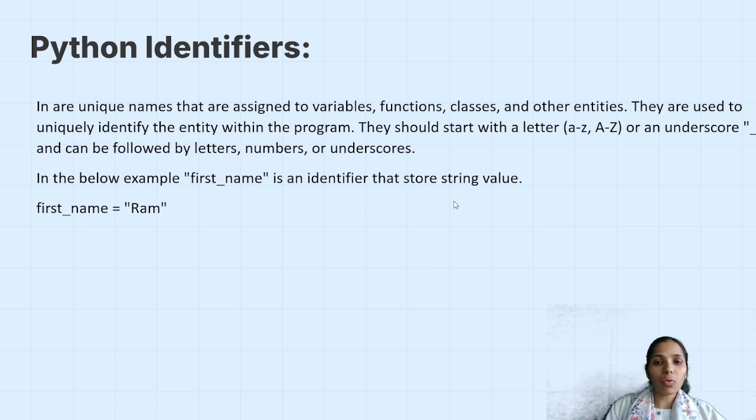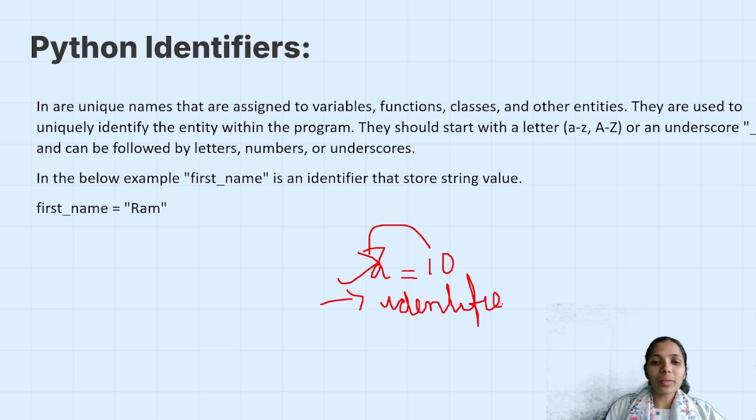As I have already explained, for example, if I say a is equal to 10, it indicates that a is a variable, and I'm giving 10 as the data which is being stored in this variable. Now giving some specific name to these variables is called identifiers. Okay. Giving a specific or unique name to these variables is called identifiers.